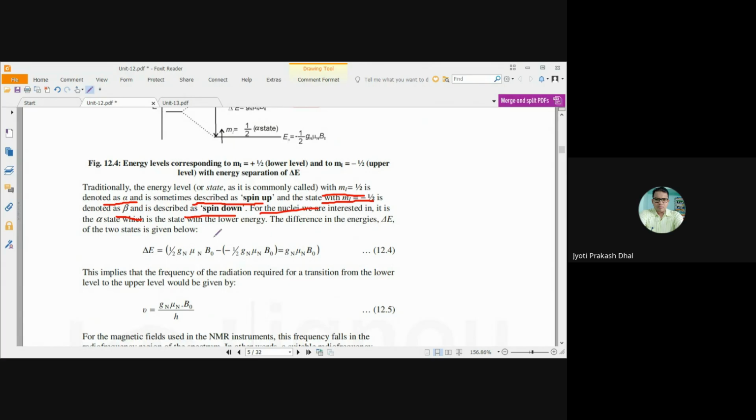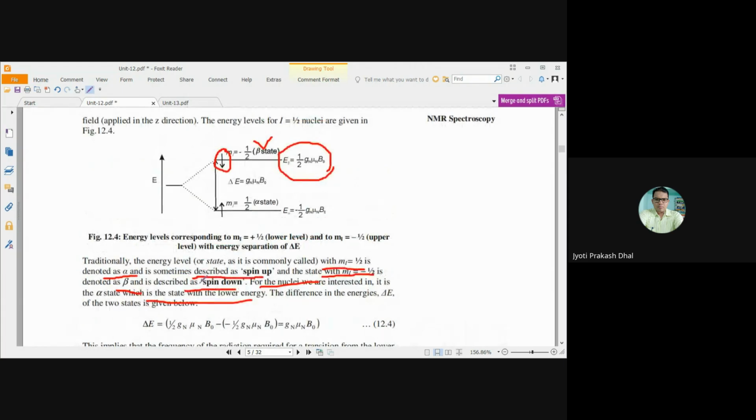For the nuclei under observation, it is the alpha state that has lower energy, and the beta state has higher energy. The energy of the alpha state, E alpha, equals minus half g_n mu_n B0, and the energy of the beta state equals plus half g_n mu_n B0.